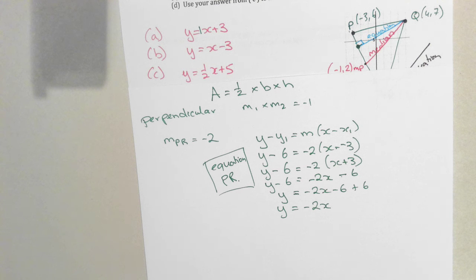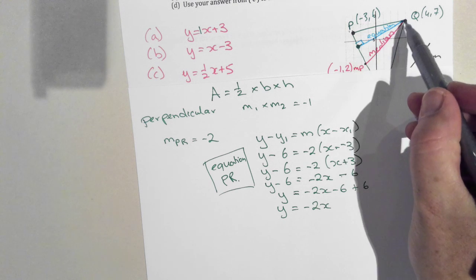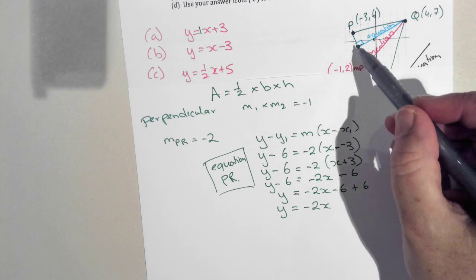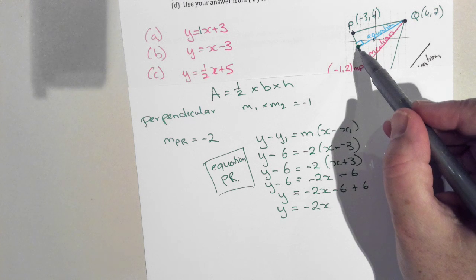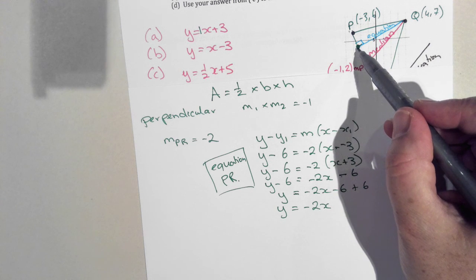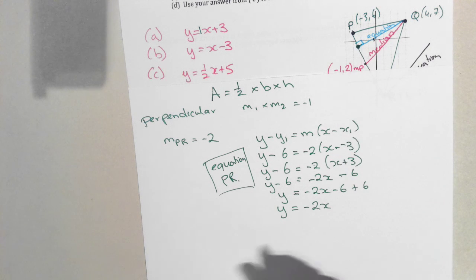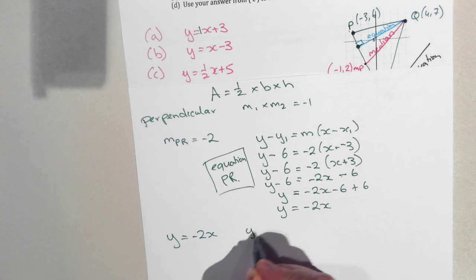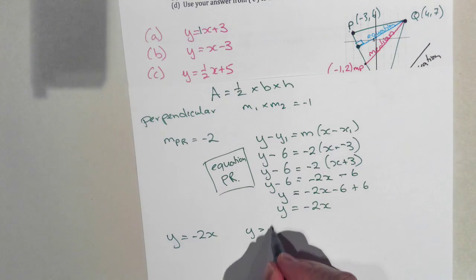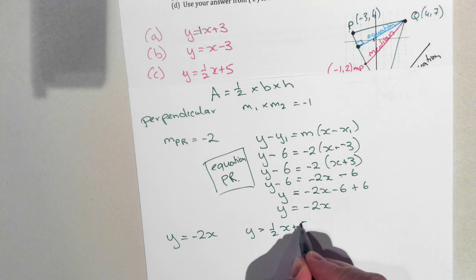Now what do we need to do? Remember we're trying to find where the intersection point is. We've got the equation of the line PR, and we've got the equation of this perpendicular line. So we're going to write down those two equations, y equals -2x and y equals, from part C, a half x plus 5.